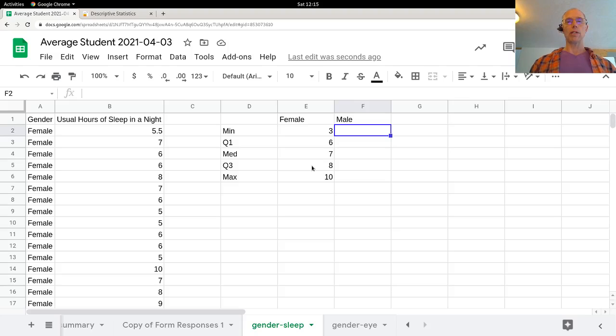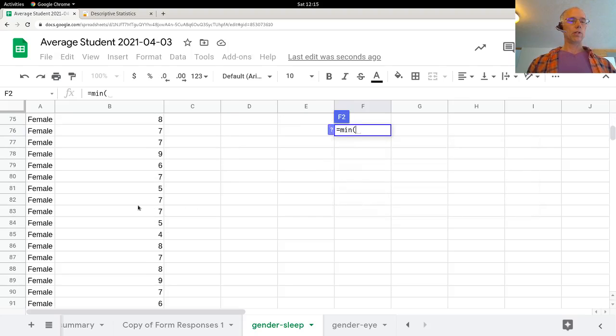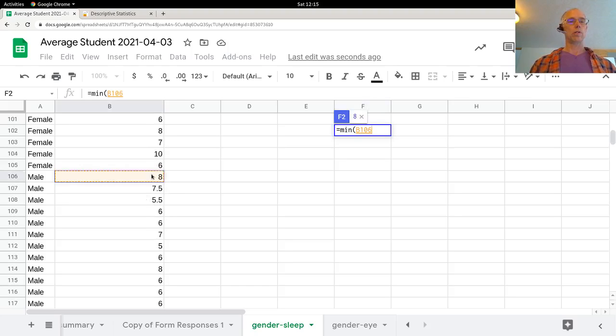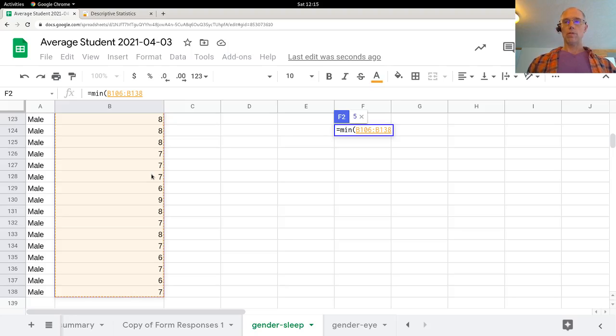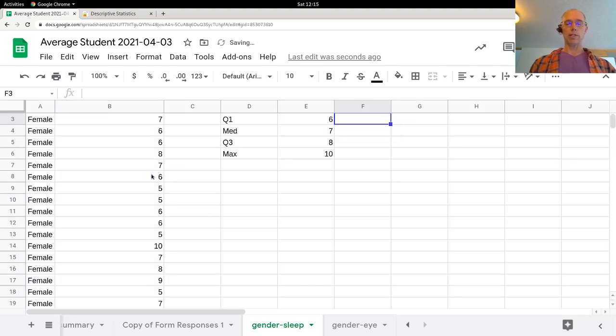Males, similar thing, but I just have to get the male range of data. I'm just going to again copy that so I don't have to keep highlighting the data.